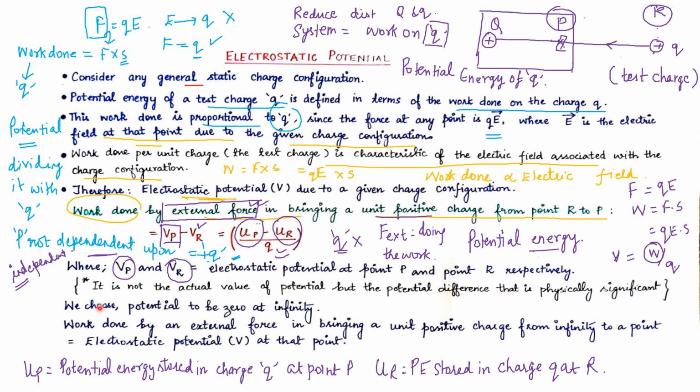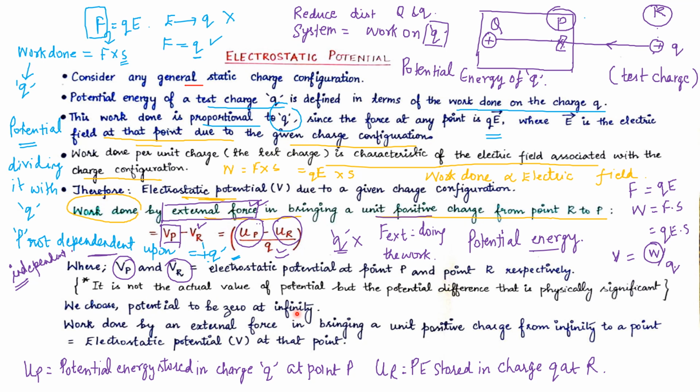We choose potential to be 0 at infinity. What we did in the previous system is that we have taken our charge at position R and at position P. At position R we did not define our potential to be 0. But now we are taking our test charge to be at infinity.